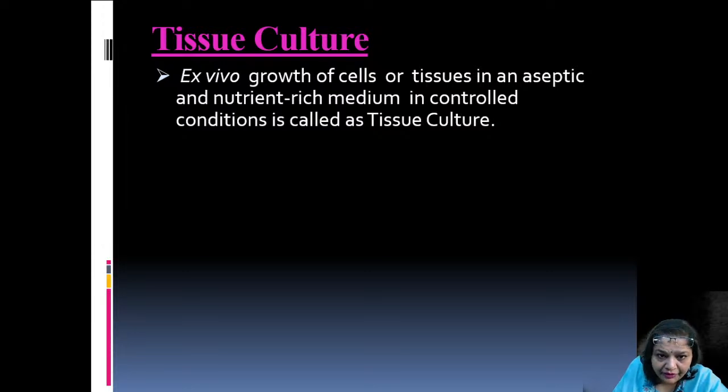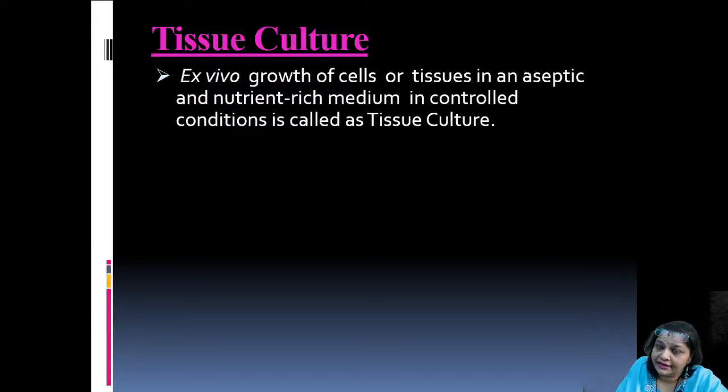Ex vivo growth of cells can be done in aseptic conditions. What is an aseptic condition? Aseptic is a germ-free condition, where there are no germs or pathogens that may infect or affect the growth of the cells. The cells are grown in a nutrient-rich medium containing water mixed with agar and all the other minerals and nutrients, along with growth hormones and vitamins.